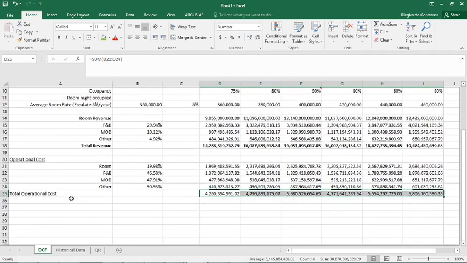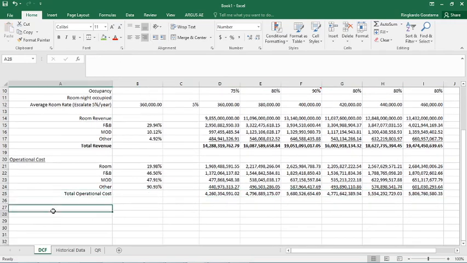Okay, so another one, I think we just put it on the right. Another one is the undistributed operating expense.